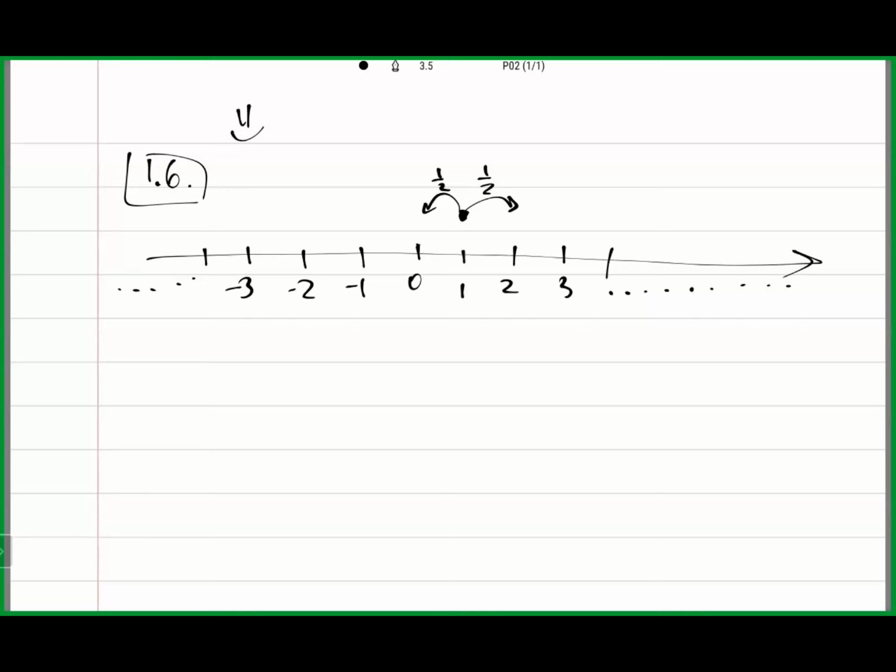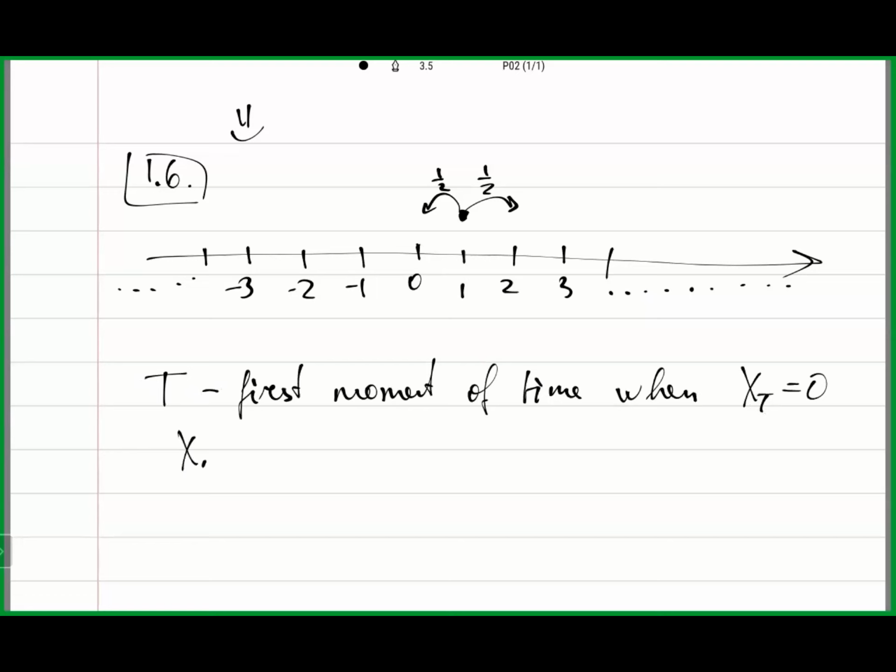But we're interested in a very simple question. Let t be the random variable, the first moment of time when X_t will be equal to 0. So he starts, X_0 is 1, so the starting point is 1.